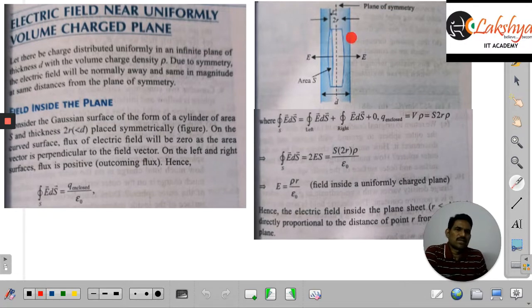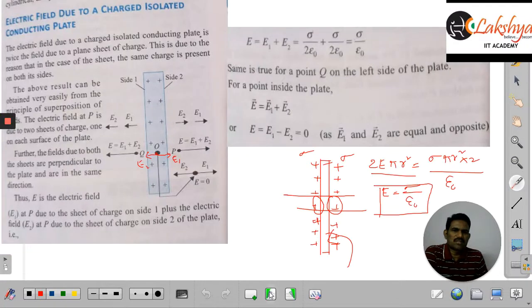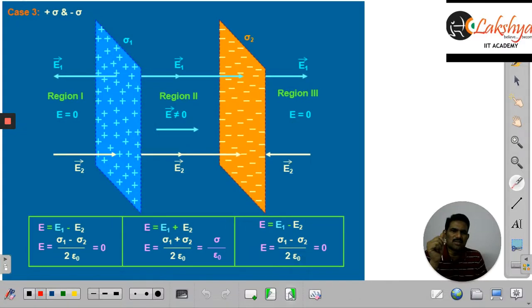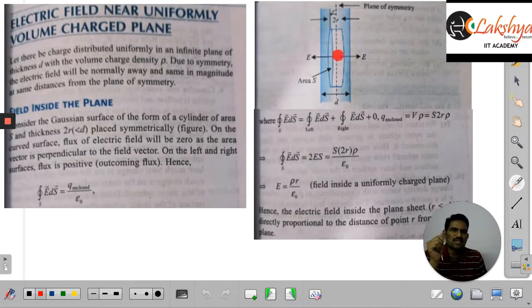Again our Gaussian surface is in the form of a cylinder, similar to the plane of charge calculations, but the cylinder lies inside the plane, because that is a thick plane and we are going to calculate inside. So we take such a cylinder, and it is inside, right?